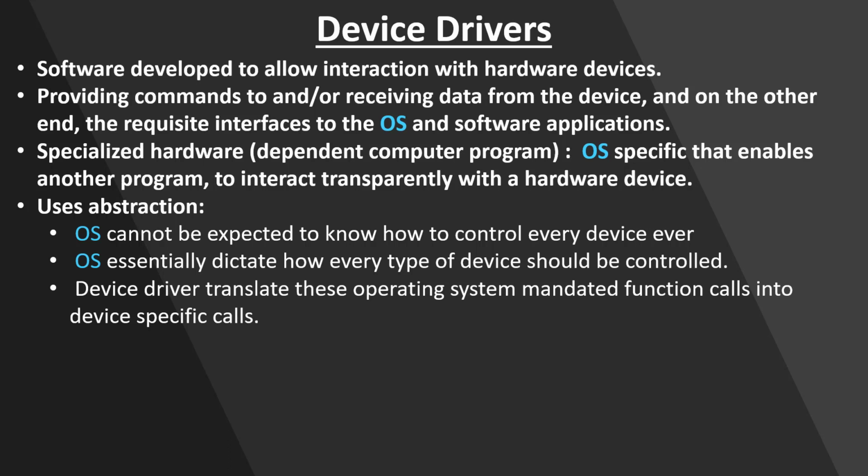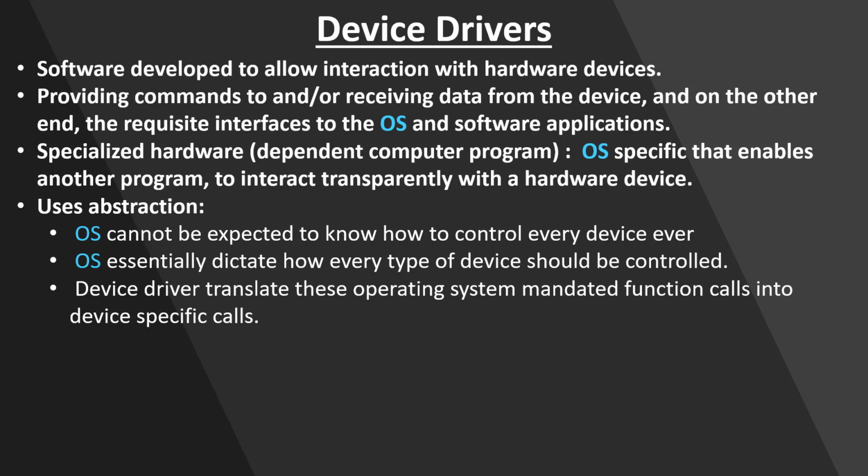There is a standard way that the operating system will work with these things. And then the device driver translates those operating system mandated functions into device-specific calls. So we have a certain set of rules for the way we're going to work with you, and it's up to the devices themselves to implement and talk in the language that the operating system can understand.